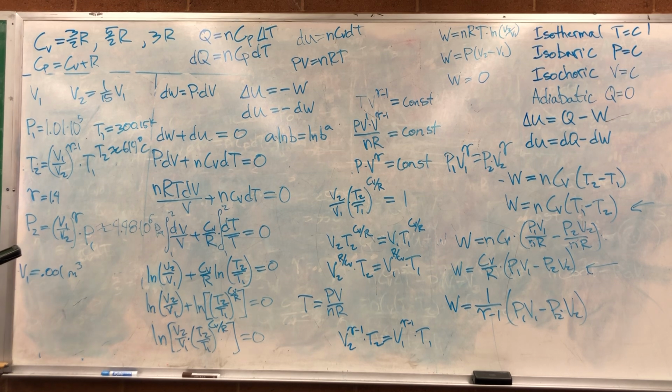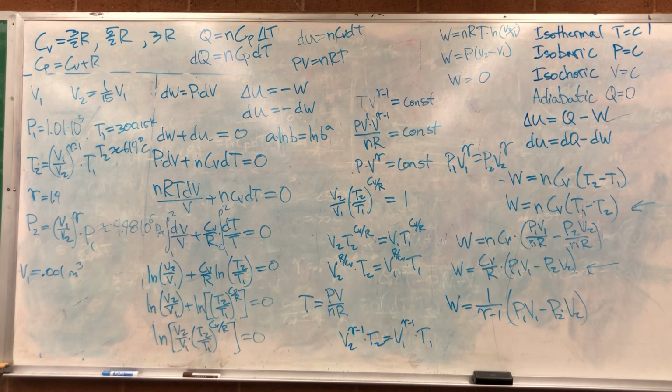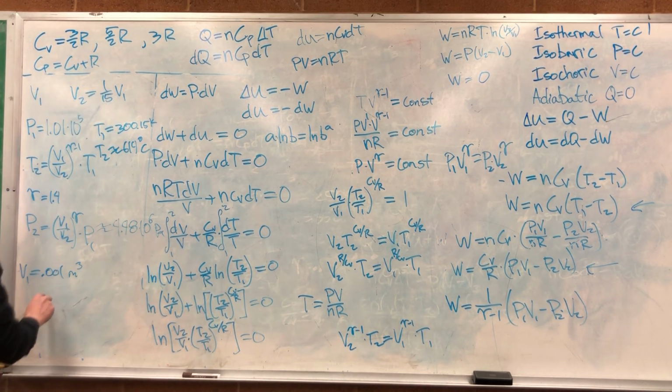P2 is that big number, so go find it, plug that in, times V2, which is V1 divided by 15. Okay, and then 494 joules. Negative 494 joules.